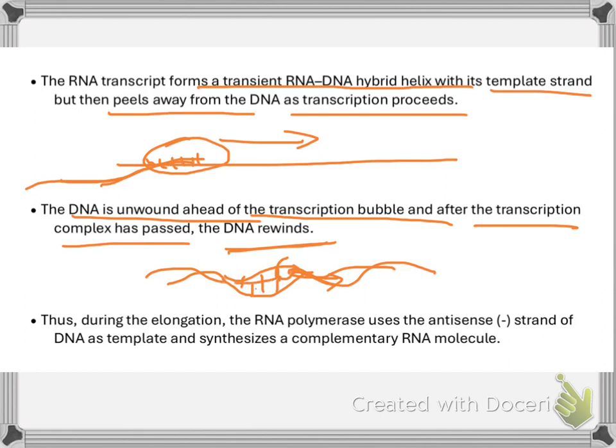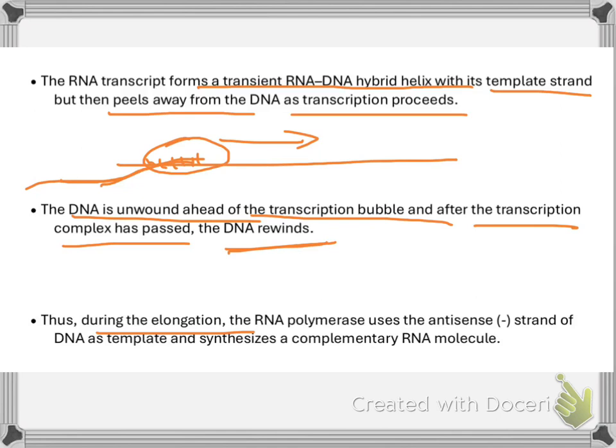The unwound strands will rewind, and at the same time the bubble will move to here. So when the RNA polymerase moves, that region becomes the transcription bubble, and after the transcription complex has passed, the DNA rewinds.